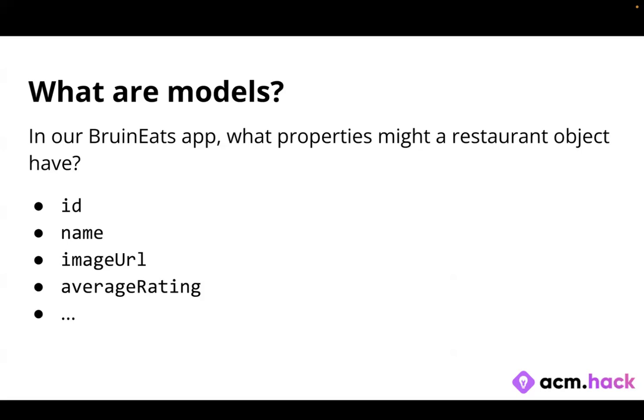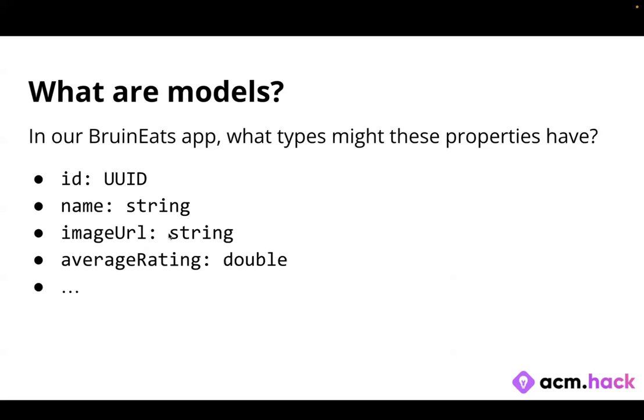Yeah, that could be. I was thinking about a double, but a float would definitely work. Probably an int would also work, but it would make a little less sense than a floating point or a double, because when we're calculating an average, there is almost always something behind the point. Anyways, exactly as you said, for the ID we want to use UUID, the name is a string, image URL a string, average rating a double.